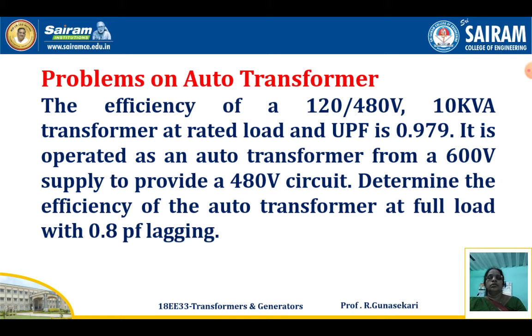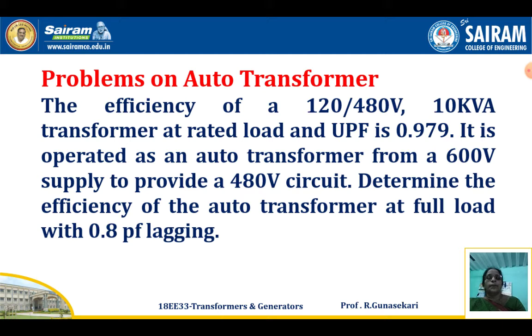Okay, so in this case, first the two winding transformer data is given: 120 volt to 480 volt, 10 kVA, unity power factor, and efficiency 0.979. These are the data of the two winding transformer.